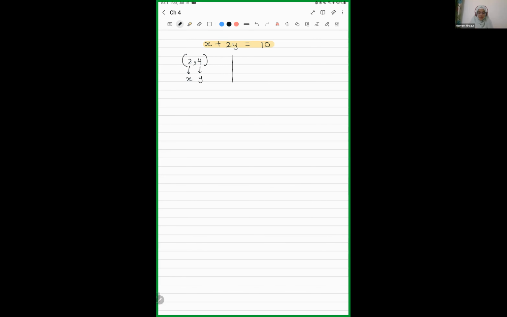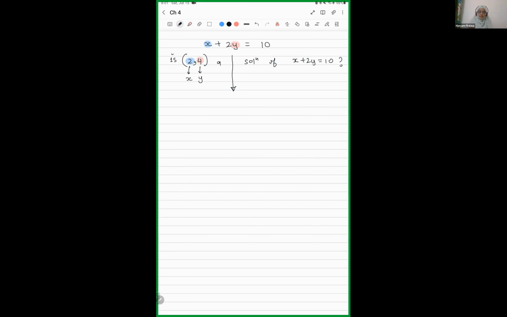So let's take this equation down. My question is, is 2 comma 4 a solution of x plus 2y equals 10?